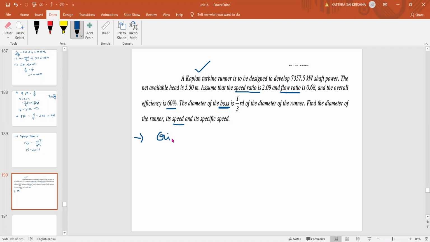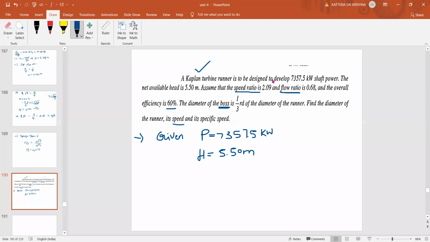Given: what he has given first, power. Shaft power is given as 7357.5 kilowatt. Next, the head H is given as 5.50 meter.